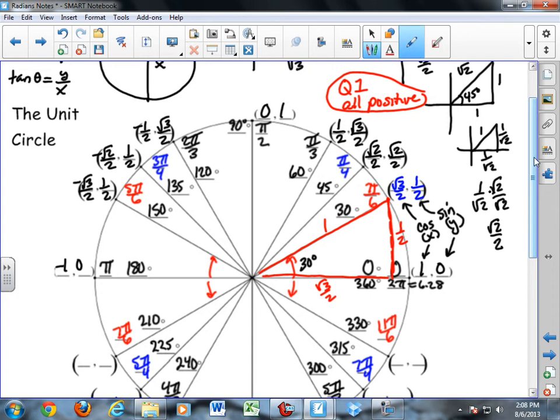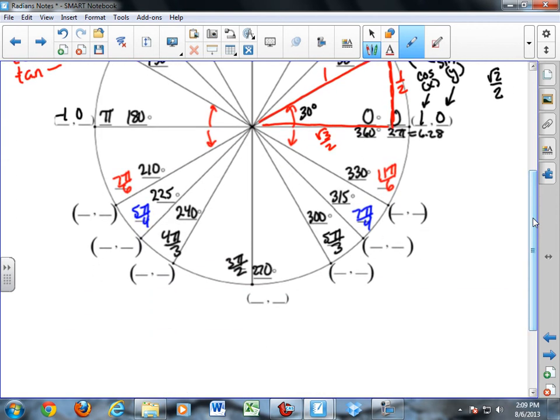So in quadrant 2, sine is still positive because the y value is still positive, but cosine is negative. And if tangent represents y divided by x, then tangent also would be negative because it's a positive divided by a negative. So in quadrant 2, sine is the positive one.